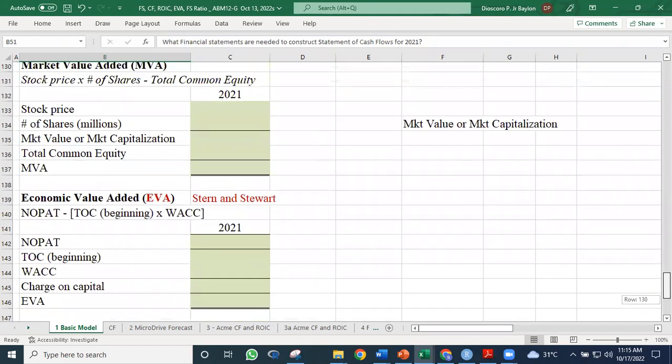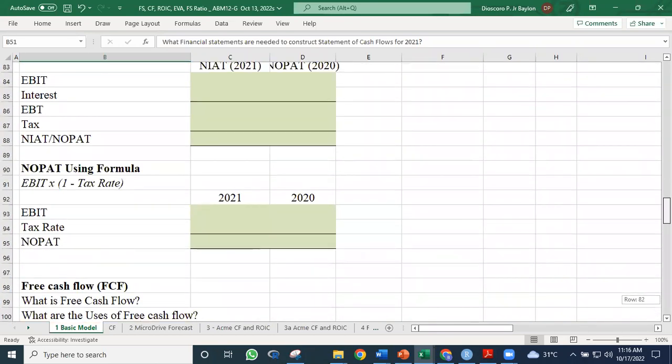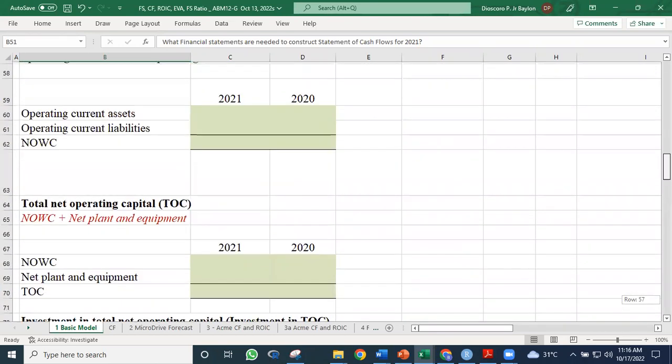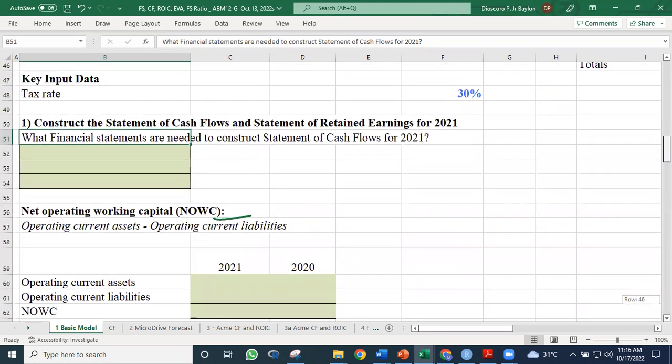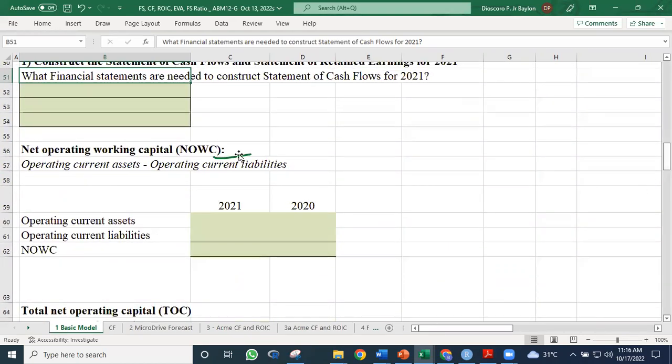We can measure these if we know the basic measures first. So let's first do the net operating working capital. We answered this last time, but I would like us to review it. The net operating working capital is simply your operating current assets minus operating current liabilities.